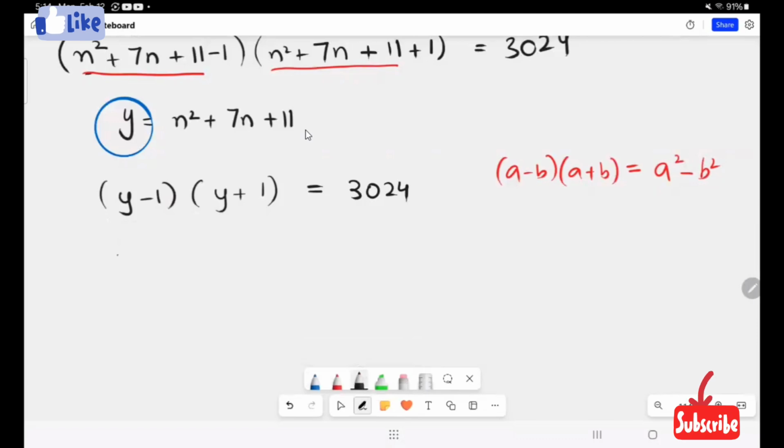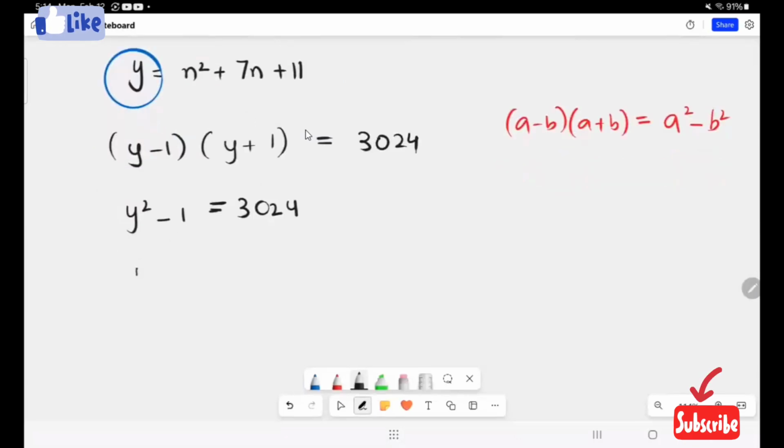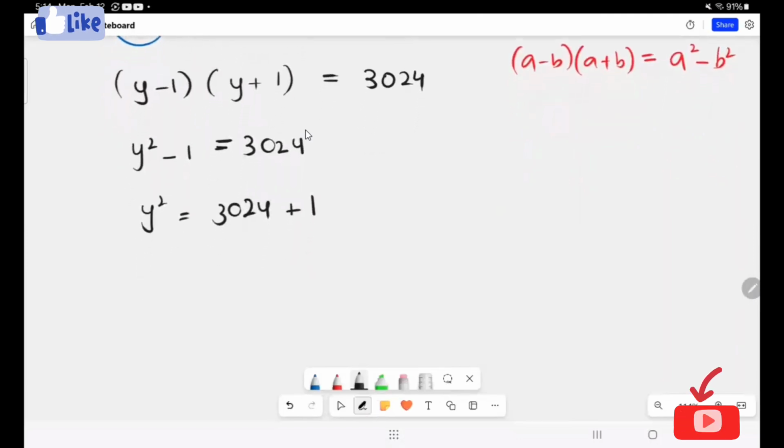Now y squared minus 1 is equal to 3024. Here I take this 1 to the other side and it becomes positive. y squared is equal to 3025.